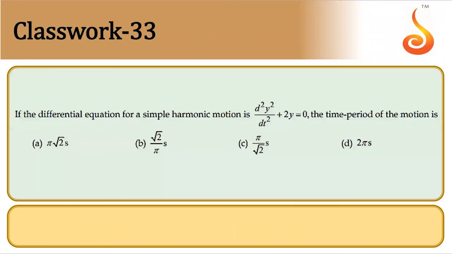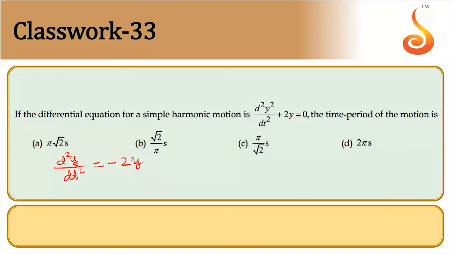If the differential equation for simple harmonic motion is d square y by dt square plus 2y is equal to 0, the time period of motion is? See, d square y by dt square is nothing but acceleration. If I send 2y to the other side, it will be minus 2y.